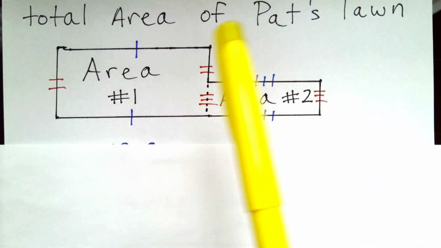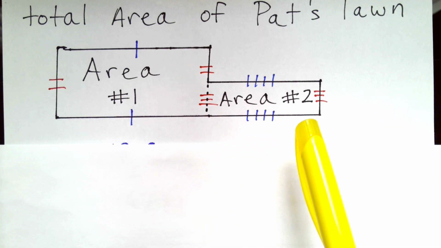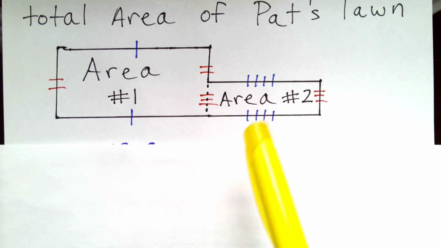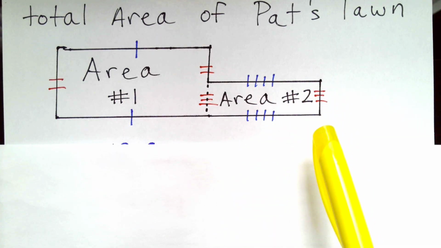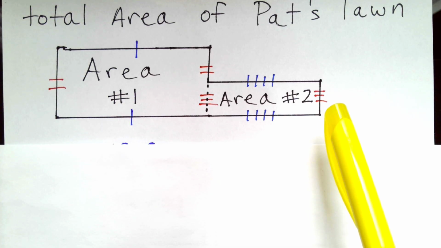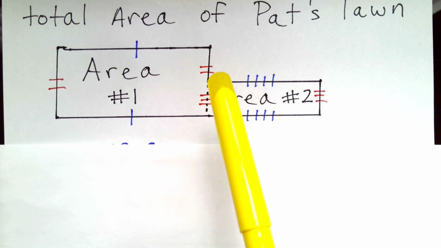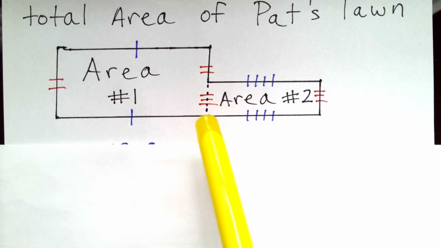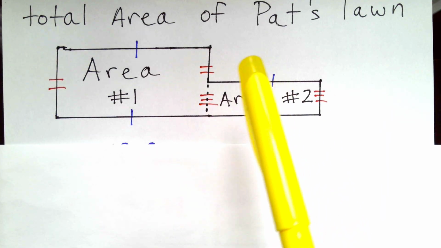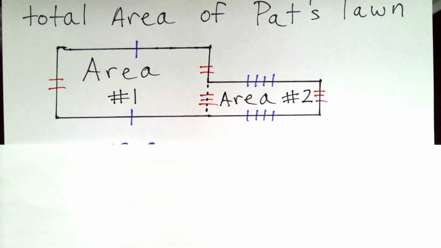In the area of the second rectangle, you have the length of this base equal to the side opposite. This side leg of the rectangle, or the width or the height, with three hash marks is going to be equal to the length with the other three hash marks. So sides opposite in a rectangle are equal to each other.